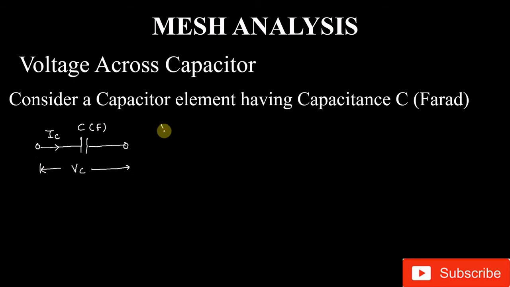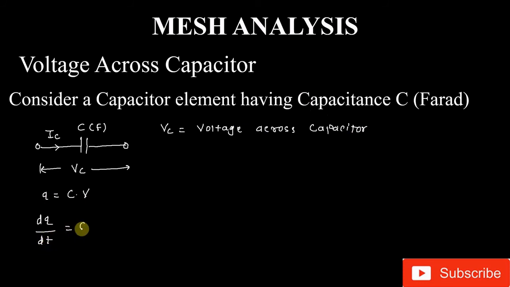So what is VC? Our aim is to find out VC, the voltage across the capacitor. So how do we get the values of VC? We have studied one formula: Q is equal to C into V. Now if I differentiate this equation, dQ upon dt is equal to C dV upon dt, since C is a constant. And dQ by dt means rate of change of charge, and rate of change of charge is called current.